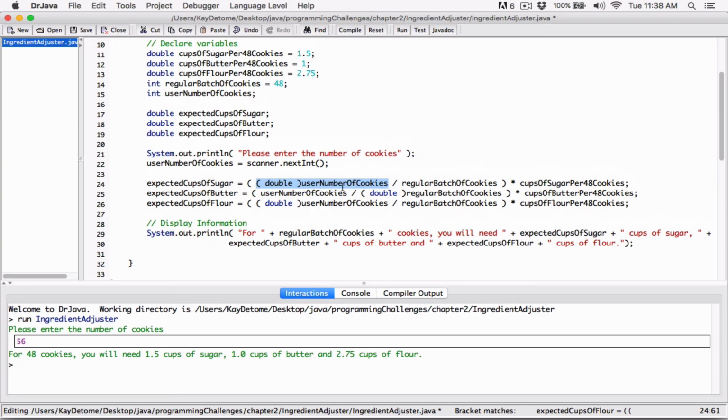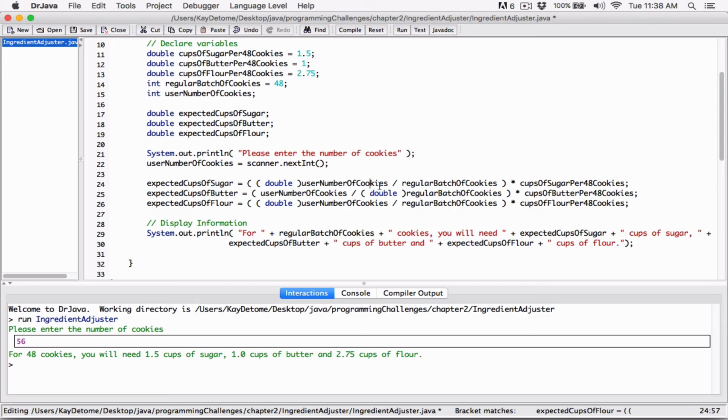At the same time, this is just a temporary thing. The variable itself still remains as an int, an integer. But over here in this calculation, whatever is stored as an int is converted to a double on a temporary basis, just for this calculation.